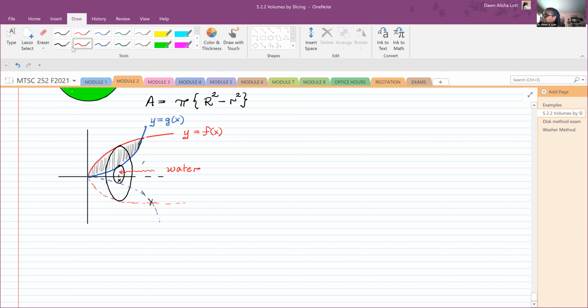The big radius in this problem is the f, and the little radius in this problem is the g. So my formula is going to be volume equals the integral from a to b of pi. You have to determine what the big radius is, and you have to determine what the little radius is. And that is the washer method.